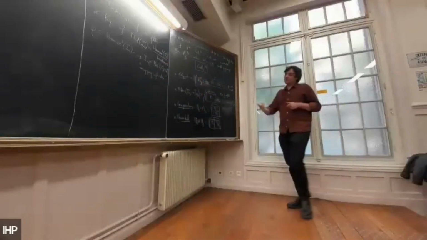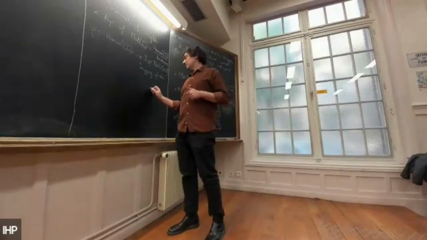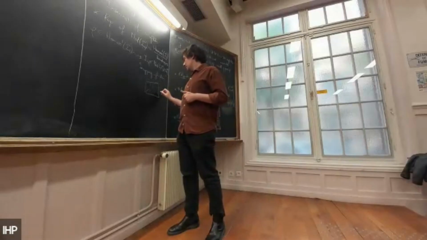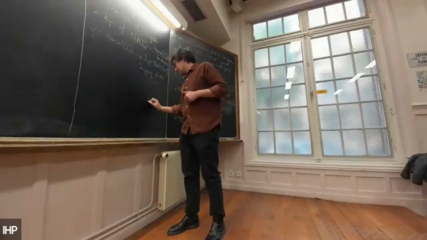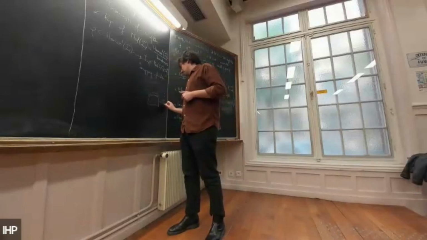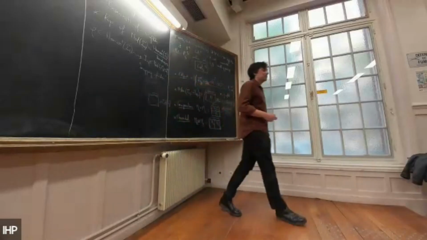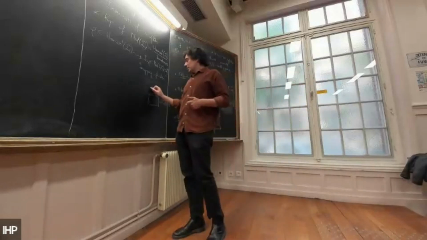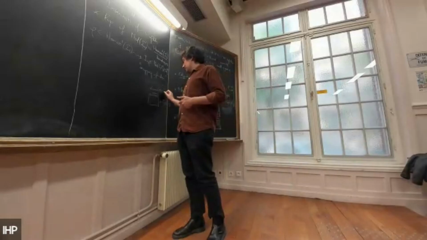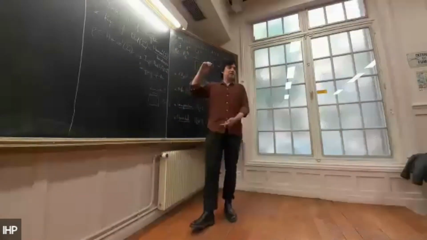And how do you build this mapping cylinder? Let me draw it schematically. You take Σ × [0,1], which is sometimes called the trivial cobordism on Σ itself. And you take another copy of Σ here, disjoint, and then you glue them.